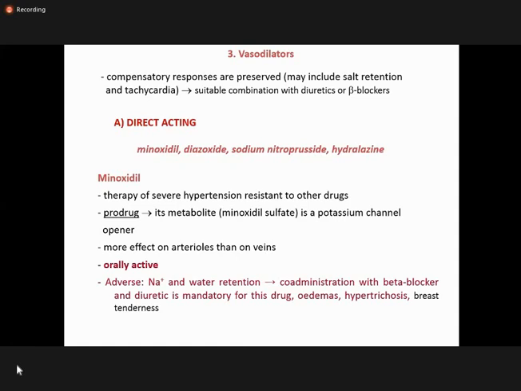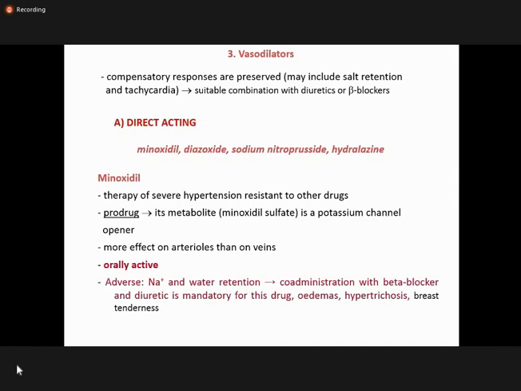First example, minoxidil, that can be used for the treatment of severe hypertension that could be resistant to other drugs. Why it is not being used commonly is because of its side effects. So we reserve the therapy with minoxidil for resistant cases of severe hypertension.